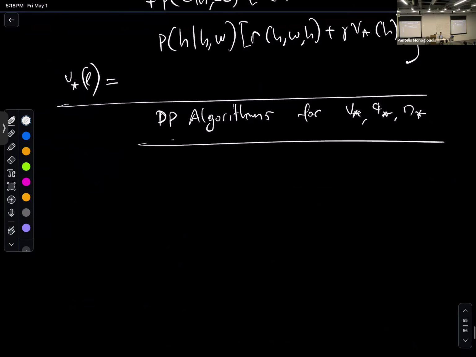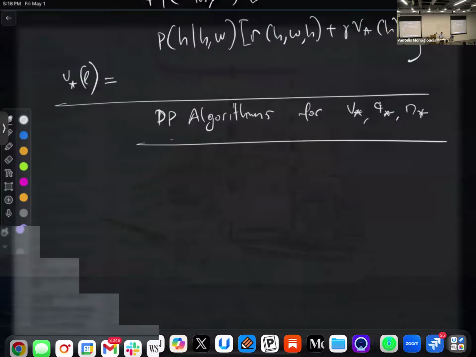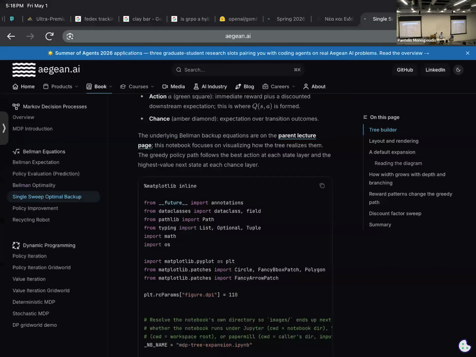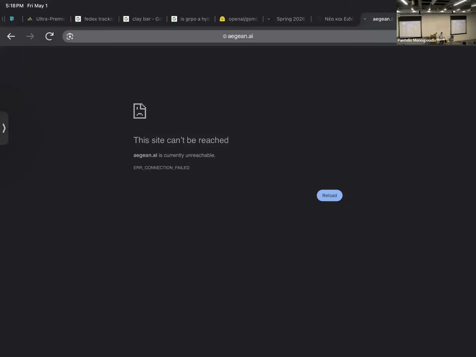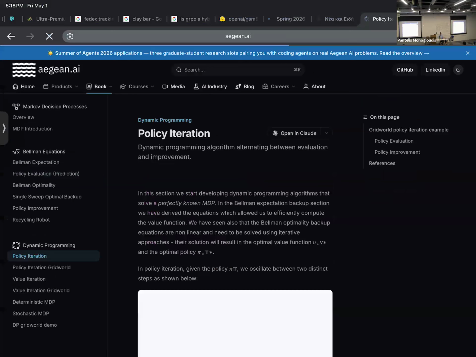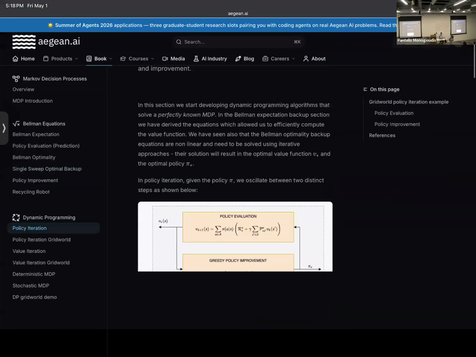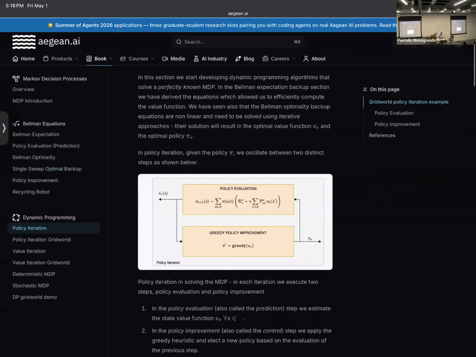Then we looked at policy iteration and value iteration. We looked at policy iteration as a two-stage solution.